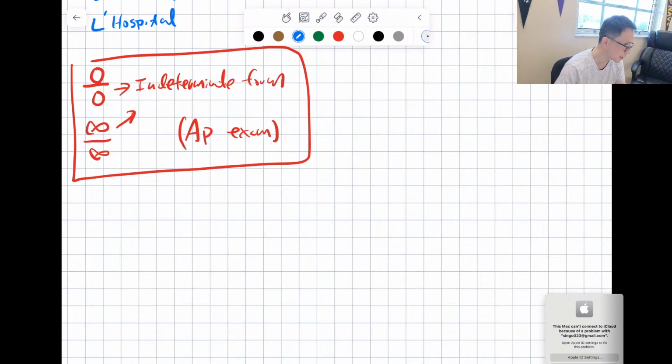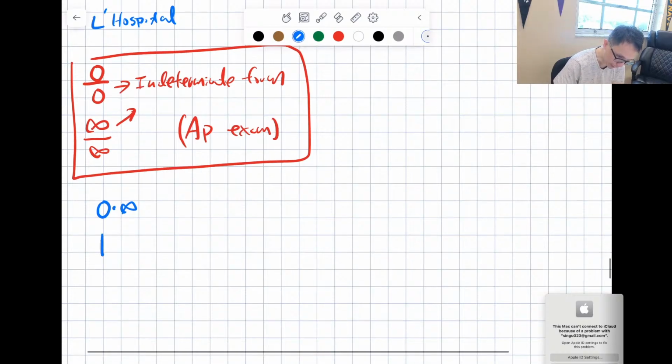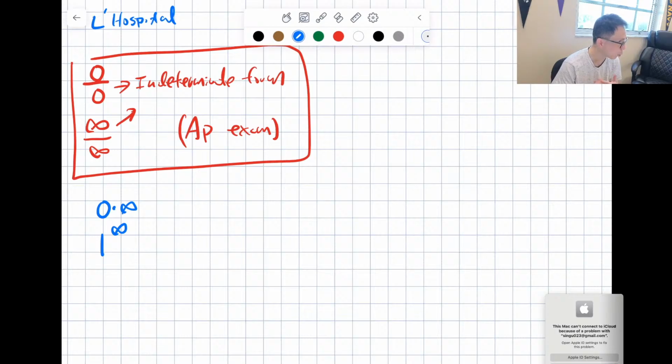So they are all the rules when you're taking Calc 2. But it's not on the AP exam. It's not even on the BC exam, but it's in college calculus. So I'm going to mention those also. 0 times infinity, that's one of them. It's also known as an indeterminate form. 1 to the infinity. You think 1 to the infinity is 1, not entirely true.